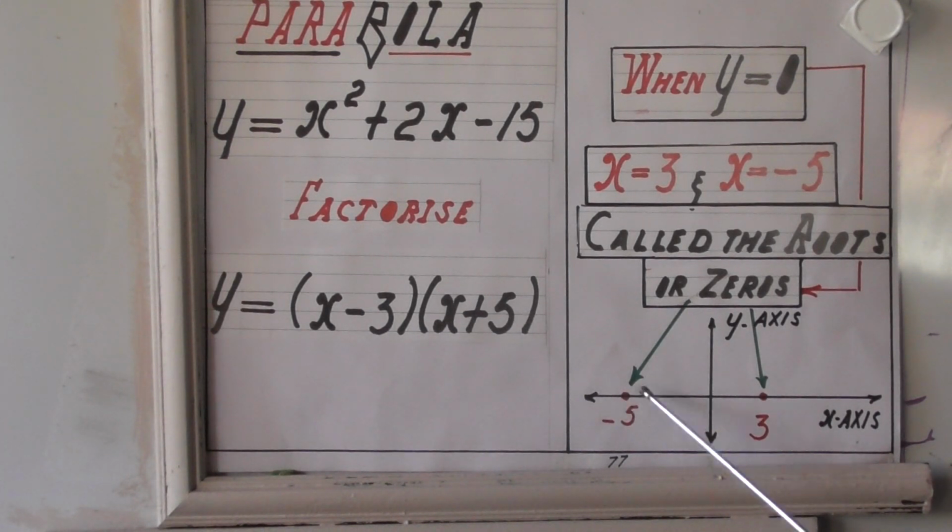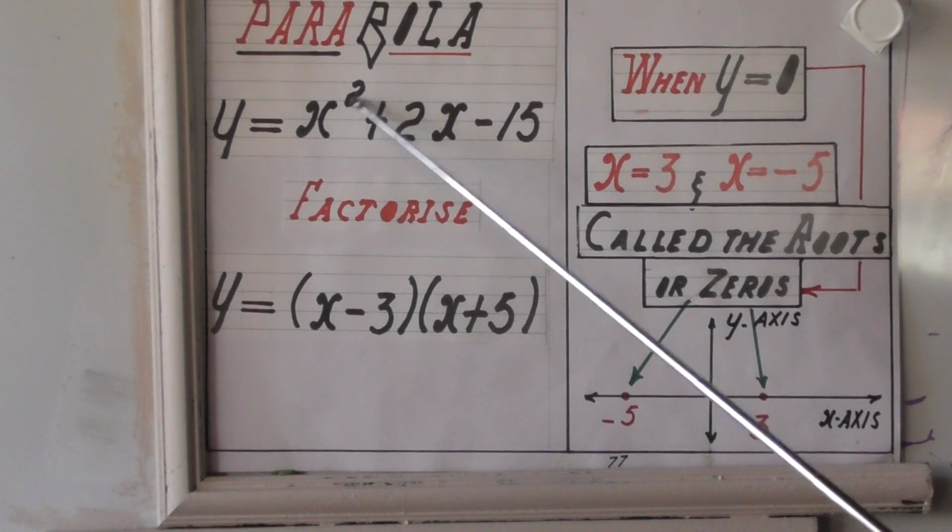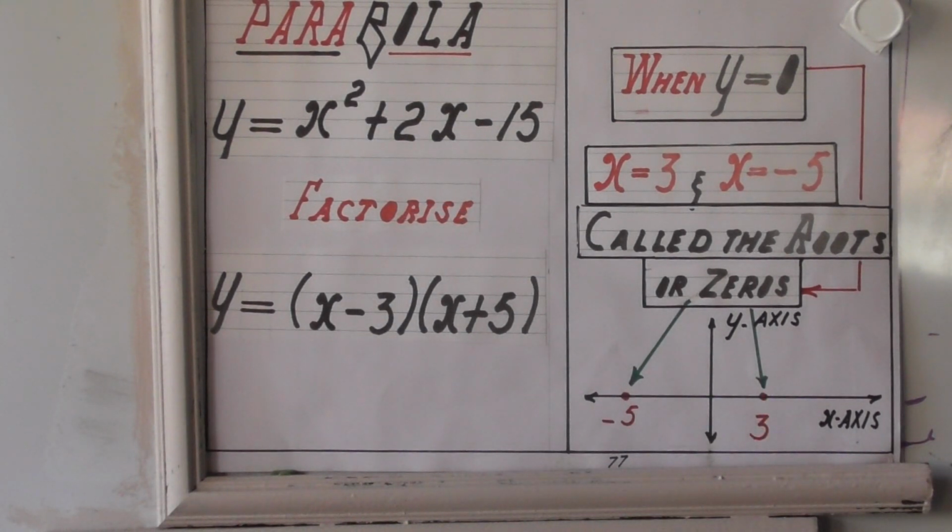So these are the zeros, the roots, because you have to take the square root to go to the x. The zeros, because if you make the x 0, you find the y. So they have two names, roots or zeros.